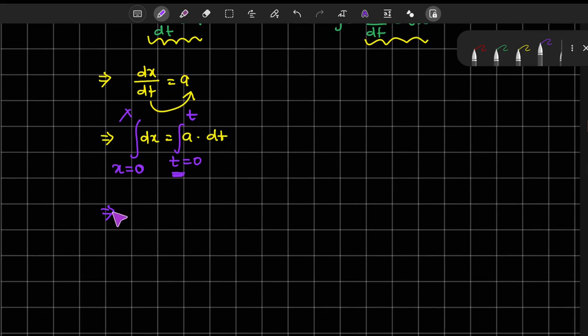So the integration of 1 is x, so we can write x from 0 to x equal to a times the integration of 1 is t from 0 to t. So from here we will get x equal to a times t.